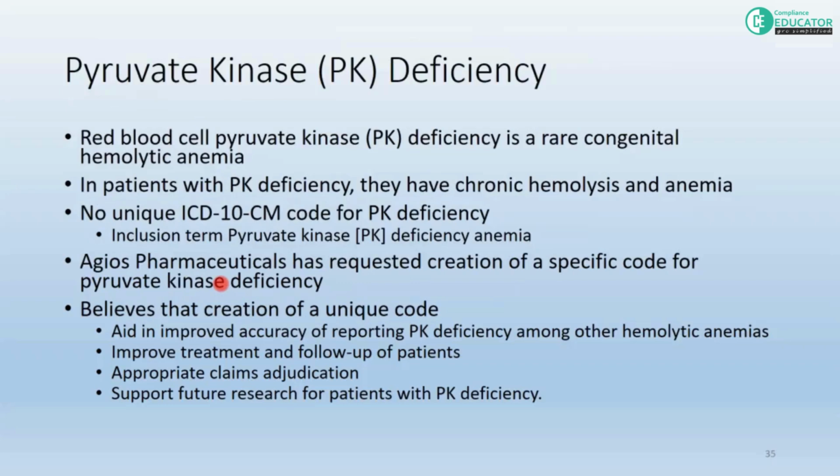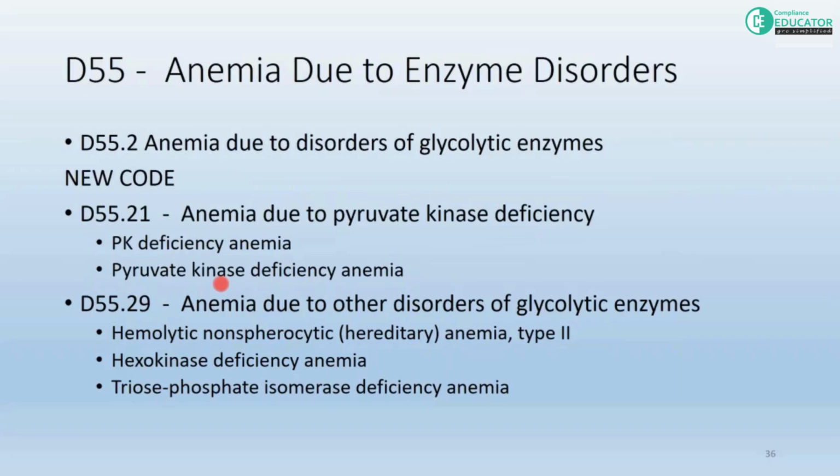Okay, PK deficiency. As you see, it says it's a rare congenital anomaly. They're looking, as we see, to have unique codes. And I hate to say it over and over again, but these are why we have new codes, because anybody can apply for a new code where they look to track better. So when we go into it, we previously had the D55.2 code.